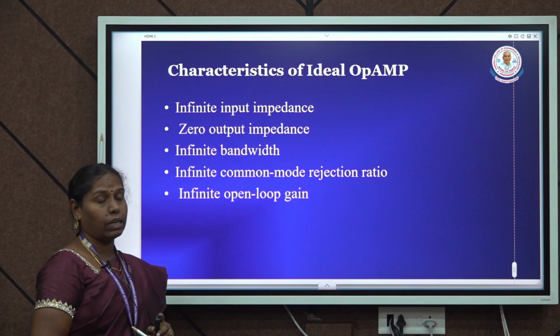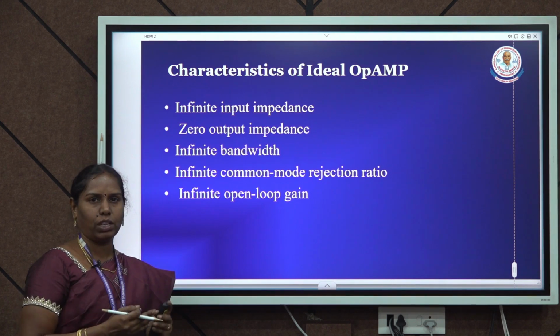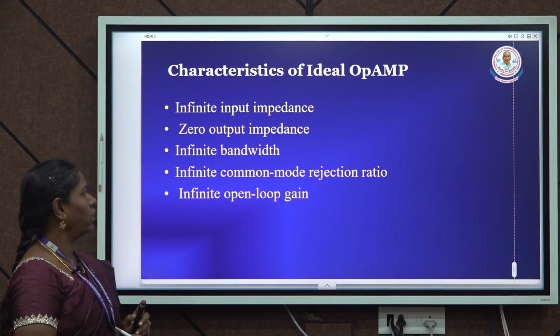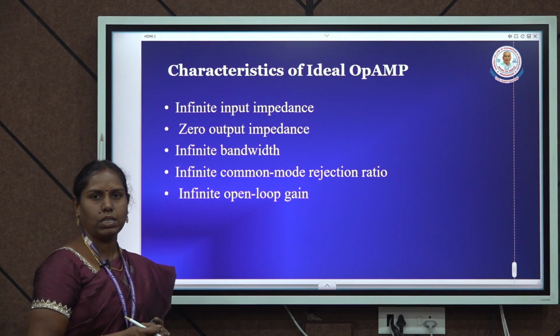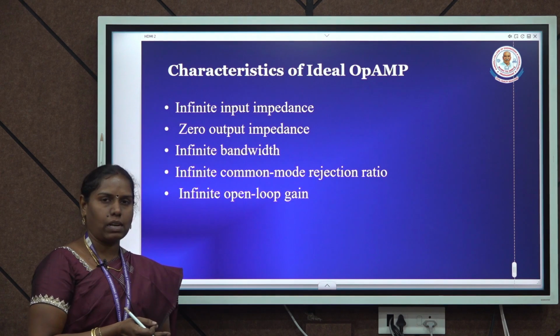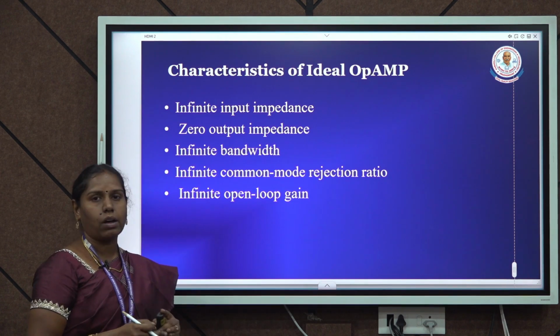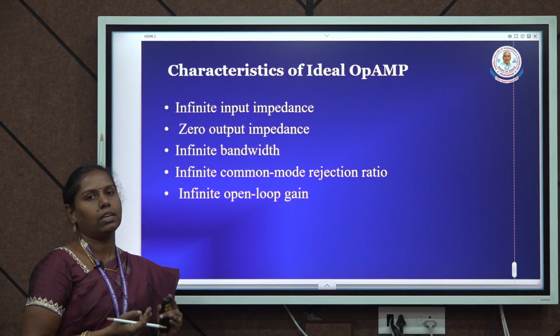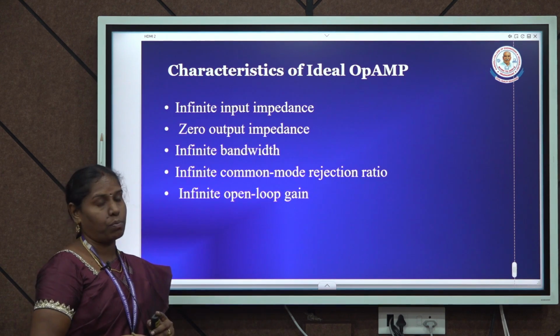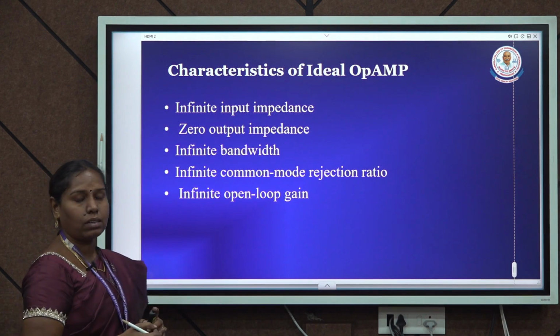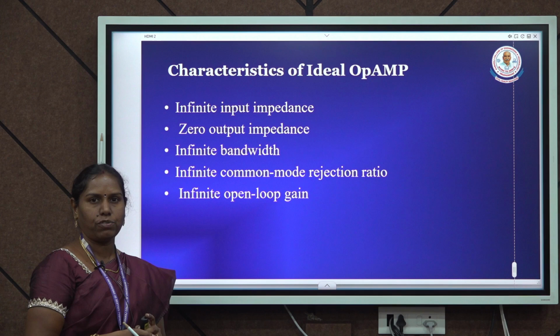The bandwidth is infinite, which means we can work with a wider range of frequency signals. The common mode rejection ratio is infinite, which means common signals like noise or interference at the input terminals nullify each other, and hence it ensures accurate measurement. And the open loop gain is infinite.